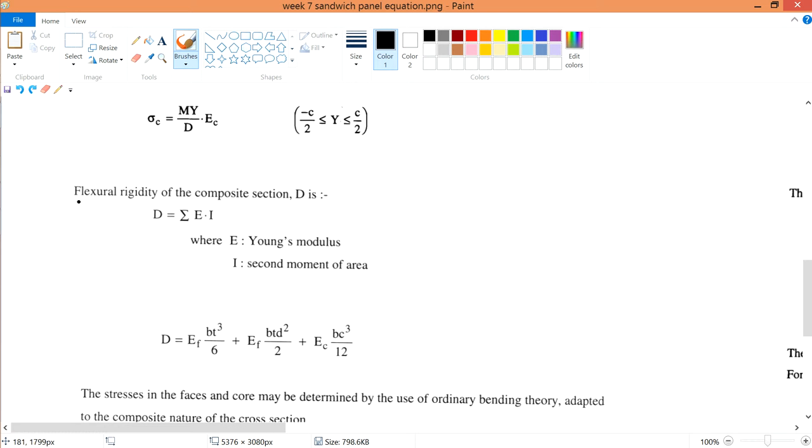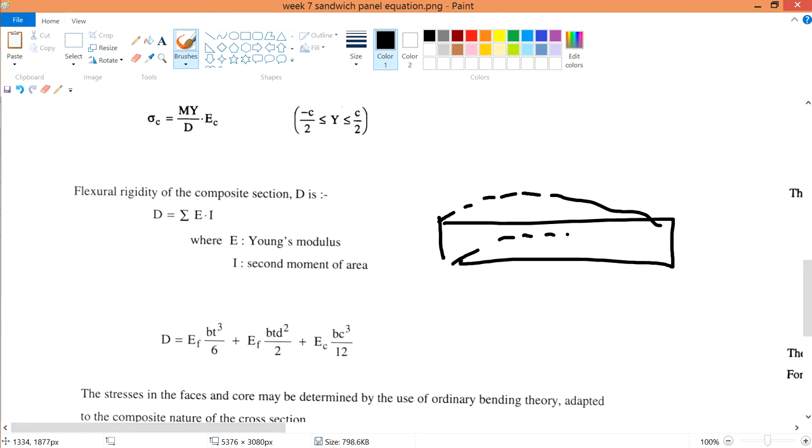Before going on, just to recap, the flexural rigidity is the rigidity to prevent flexing, to prevent any bending. So your beam is like this. If you have certain flexing, it bends in either way.